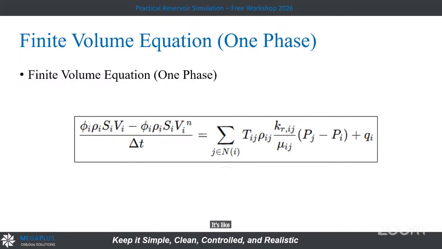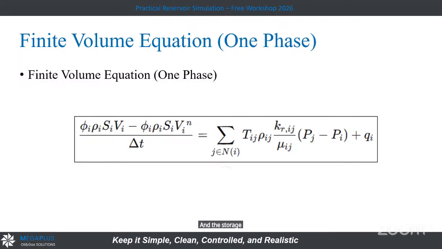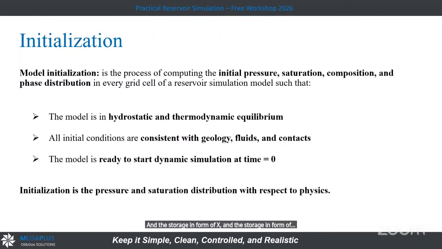This is the finite volume method, depending on the equation controlled by transmissibility, permeability, viscosity, and delta P, and storage in the form of X, and storage in the form of T. So here I finished the formulation behind the model.